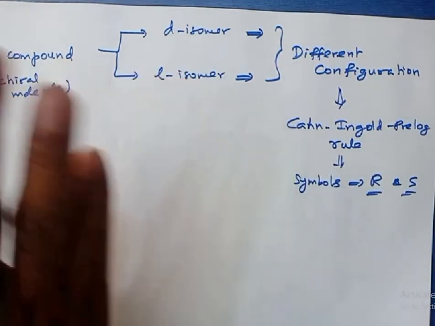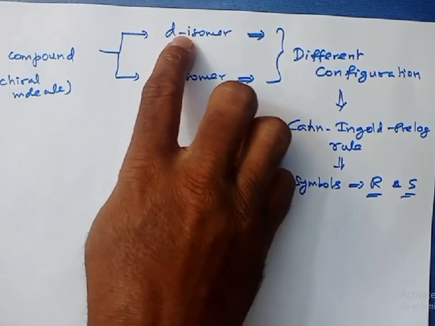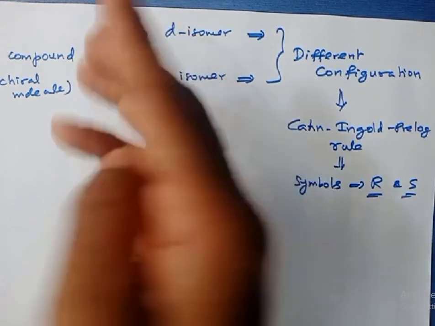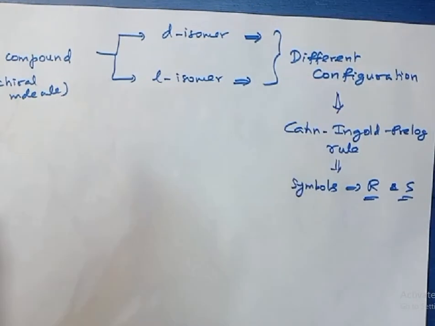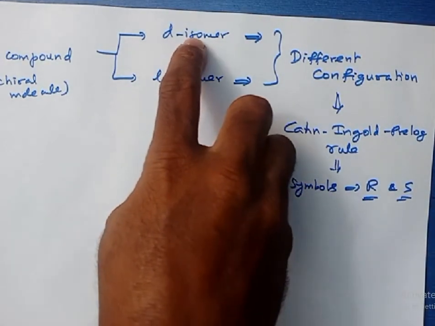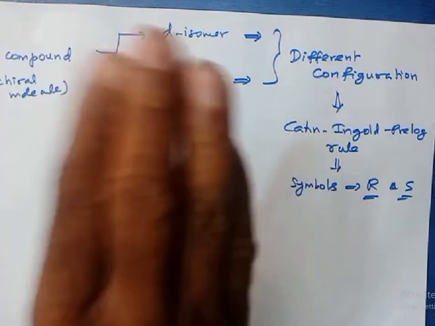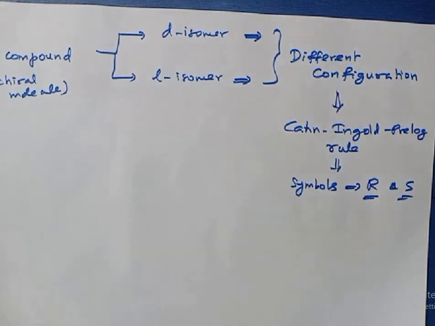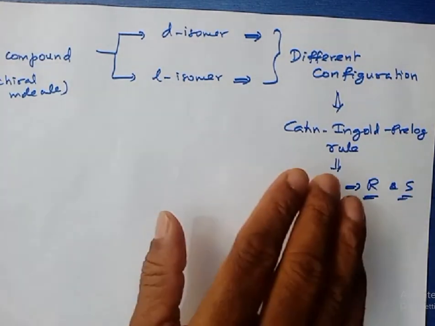But for a compound, if the D isomer has S configuration, then the L isomer must have R configuration. They have different configurations. I repeat, if the D isomer has R configuration, the L isomer must have S configuration. Keep this point in mind.